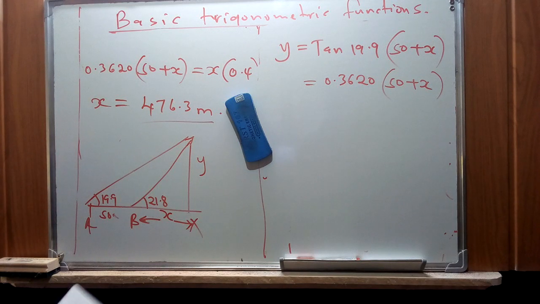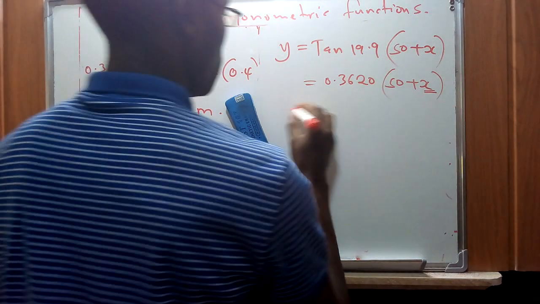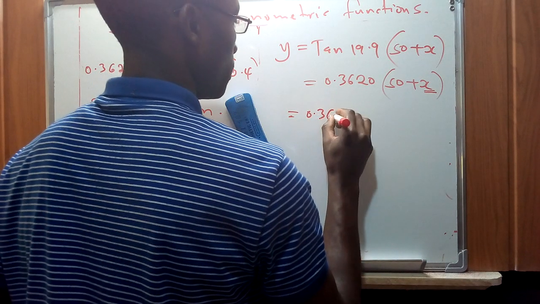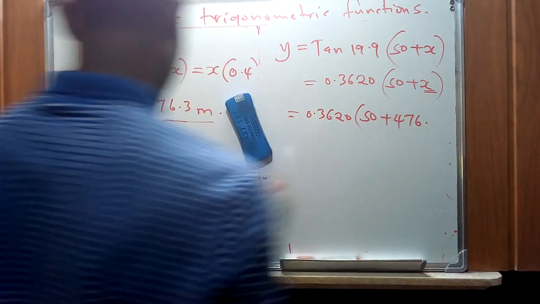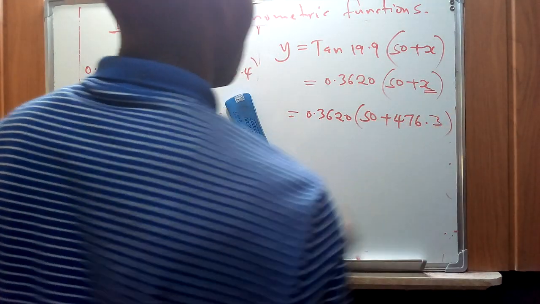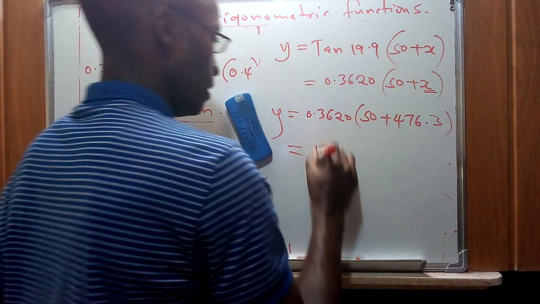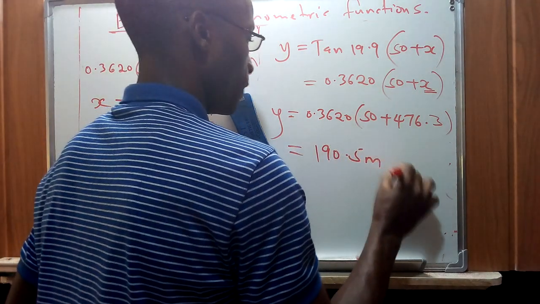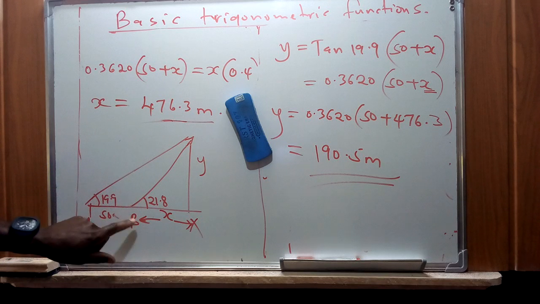So having found the value of x from this, we can write it as 0.3620 into 50 plus 476.3. So the value of y in this case is going to be 190.5 meters.